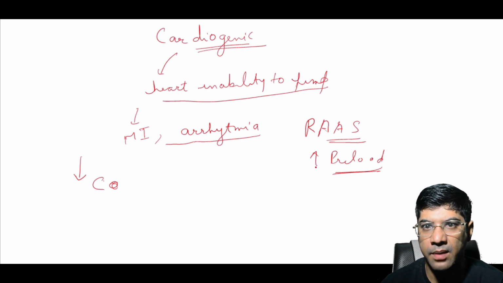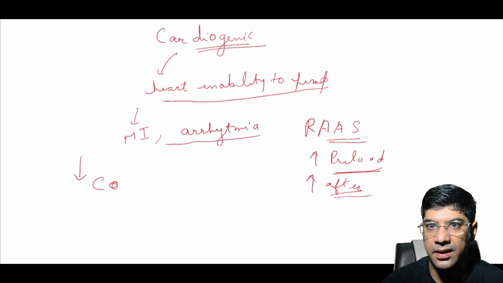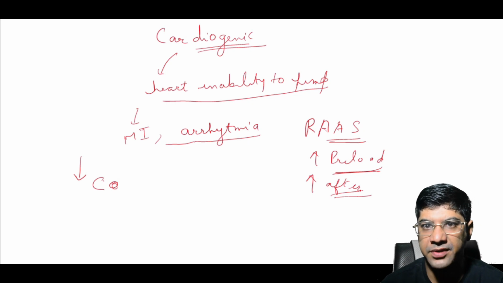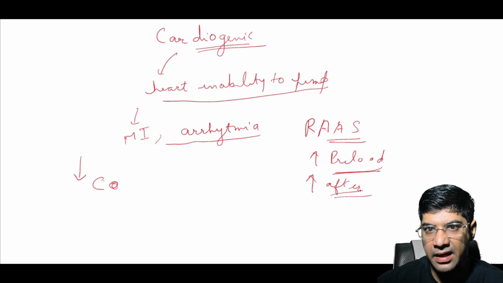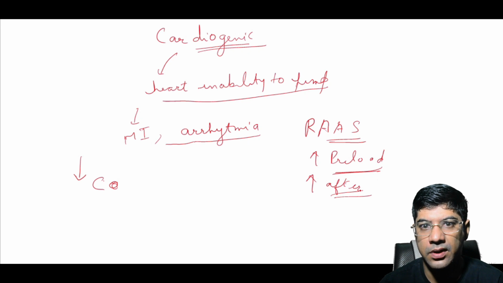So the body's compensatory mechanisms increase the workload on the already failing heart. There is increased afterload, that is the resistance against which the heart must pump, making it more difficult for the weakened heart to eject blood. So that leads to decreased tissue perfusion. Despite these compensations, the tissues and organs continue to receive inadequate blood flow and oxygen, leading to ischemia, lactic acidosis, and eventually organ failure.